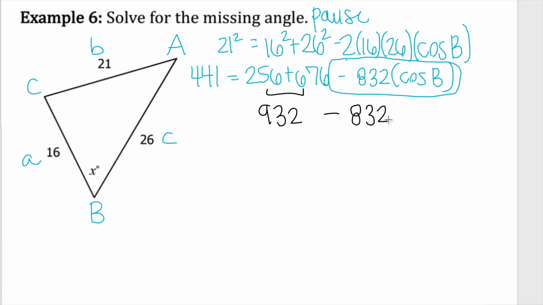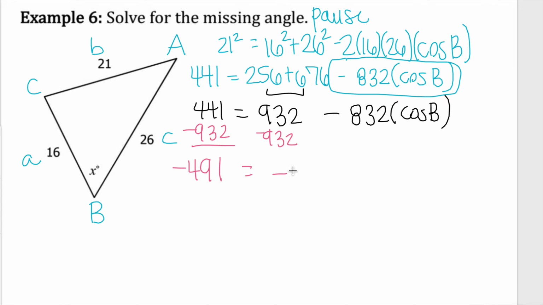Minus 832 cosine of B still equals 441. We're going to subtract 932 from both sides. 441 minus 932 is negative 491, is equal to negative 832 cosine of B.